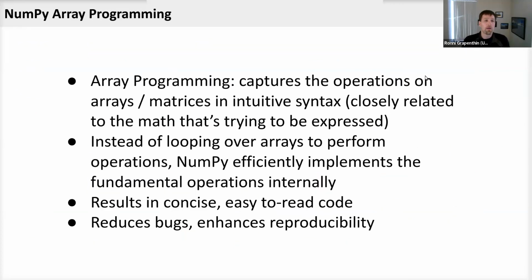To understand NumPy, you need to get used to the concept of array programming, which captures the operations on arrays or matrices in some intuitive syntax, which is generally closely related to the math that's trying to be expressed. Instead of looping over arrays like we have done so far to perform all of the operations on an element-by-element basis, NumPy efficiently implements these fundamental operations internally.